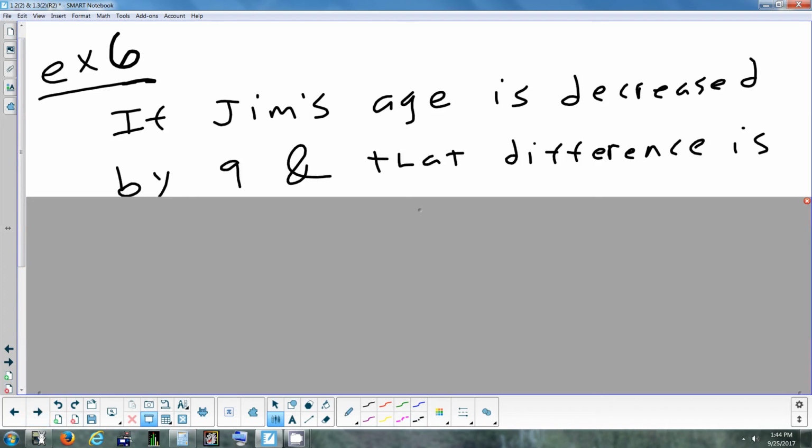It says Jim's age is decreased by 9. What is going to get a variable in that sentence, Fred? Jim's age decreased by 9. Nope, 9's a number. What don't you know in that sentence?